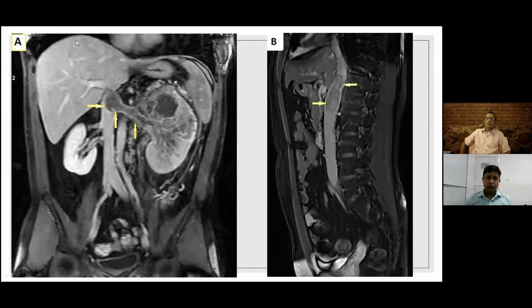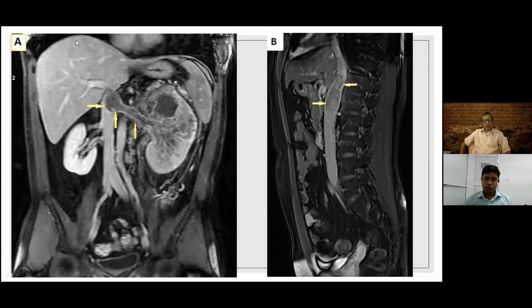In that I can see the left side kidney is enlarged compared to the right side, but slightly less enhanced, and there are cystic and mixed lesions in the left upper pole, with fat reaction, and also there is a mass extending from the vein into the IVC, the infrahepatic part of the IVC. So most probably it could be a left side renal cell carcinoma extending into the IVC as a thrombus.